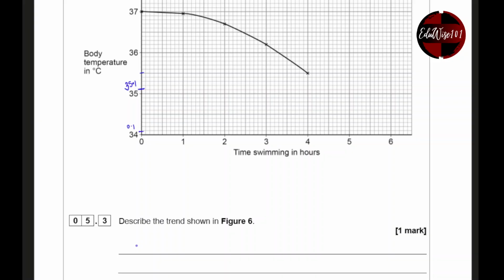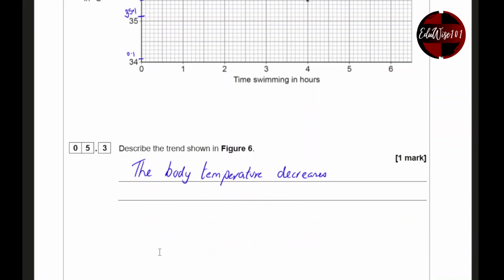Or you could say the body temperature decreases with increasing time.